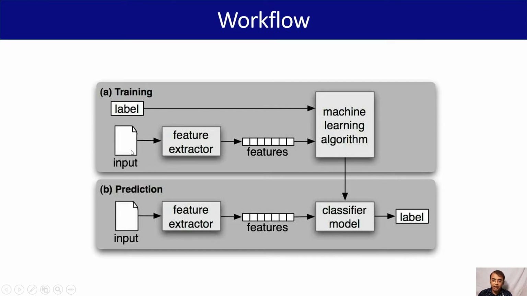You have to give input, and there must be a feature extractor algorithm that will extract the features from the input, like color, shape, type, etc. And correspondingly you have to give the output also, like red apple, apple logo, yellow apple, to the machine learning algorithm.